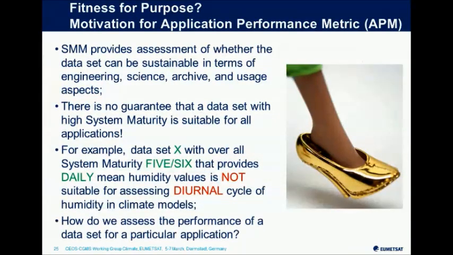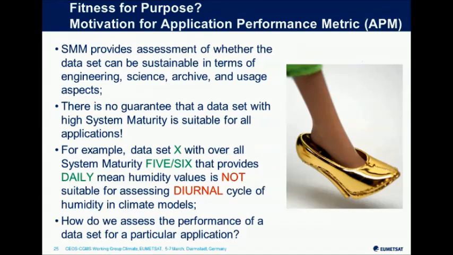So the system maturity metrics is actually not checking the fitness for purpose of the scientific quality of the data. System maturity metrics is only assessing whether the dataset can be sustainable in terms of engineering, science, archive, and usage aspects. There's no guarantee that a dataset with a high system maturity metrics is suitable for all applications.